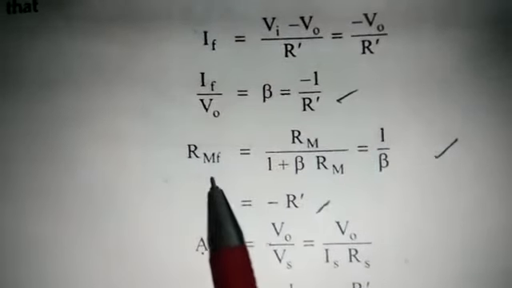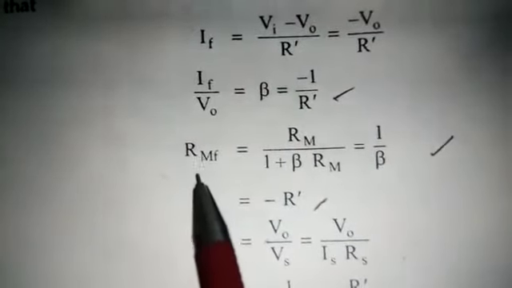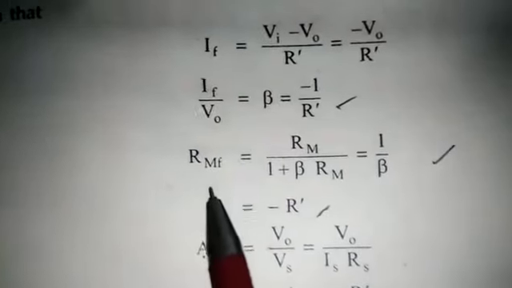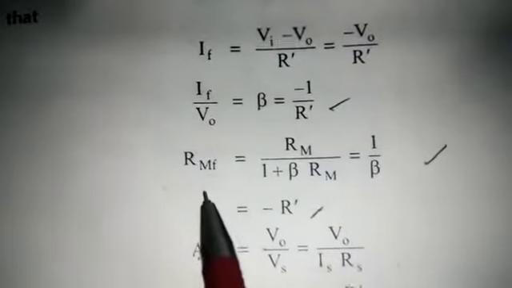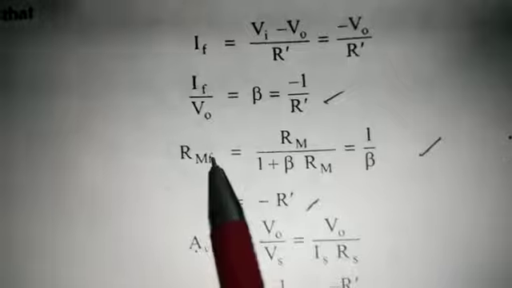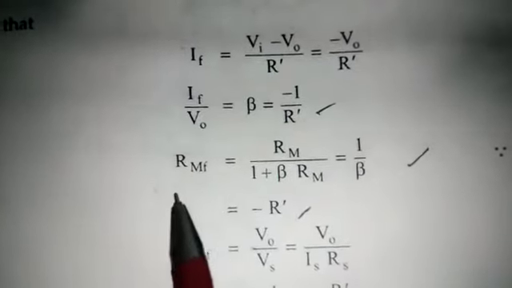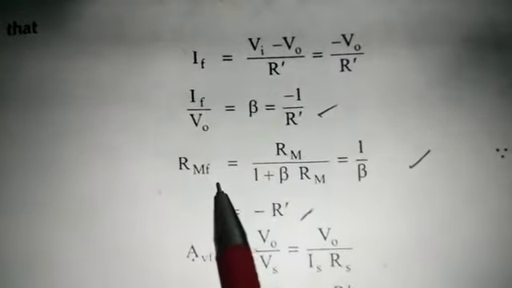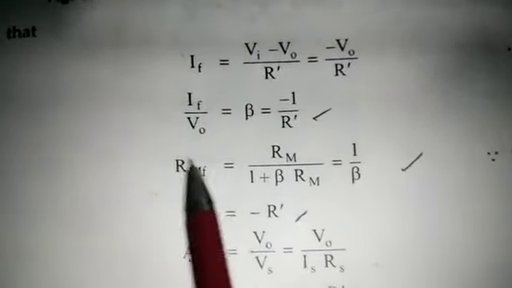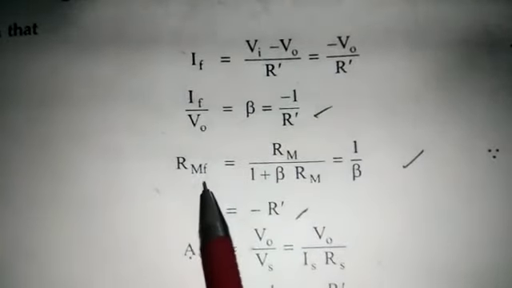In current feedback, we have current gain AIF. In voltage feedback, we have AVF, and in current series feedback, we have GMF, transconductance. So this factor changes depending upon the feedback. Here it is a voltage shunt feedback, so we will use the term RMF.